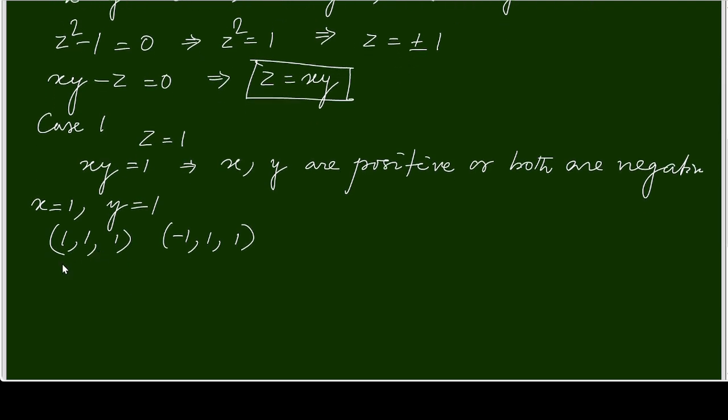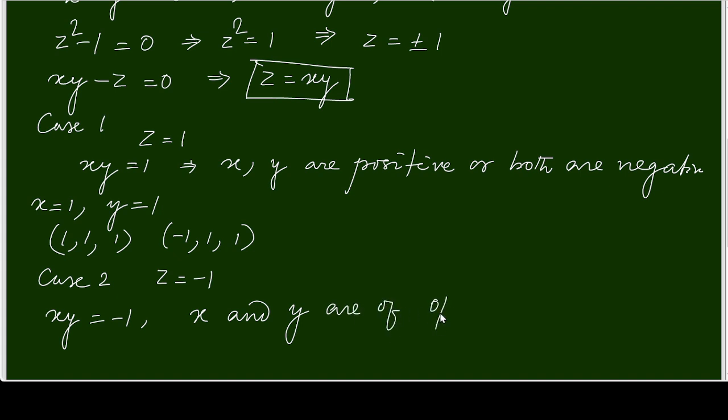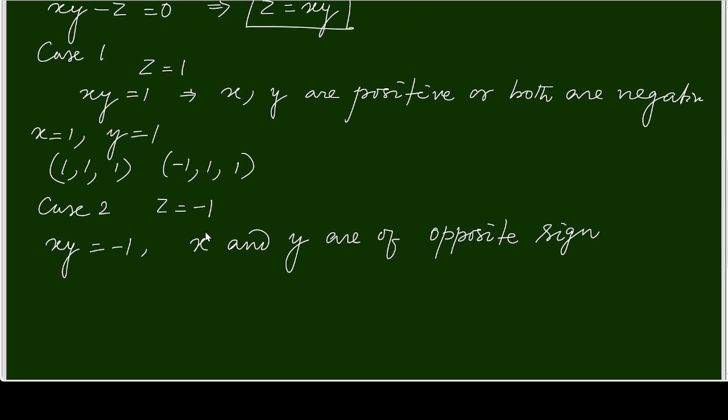Next, case 2: z equals to negative 1. When z equals to negative 1, xy is equal to negative 1, then x and y have opposite signs. So the other two possibilities will be 1, -1, -1, or -1, 1, -1.